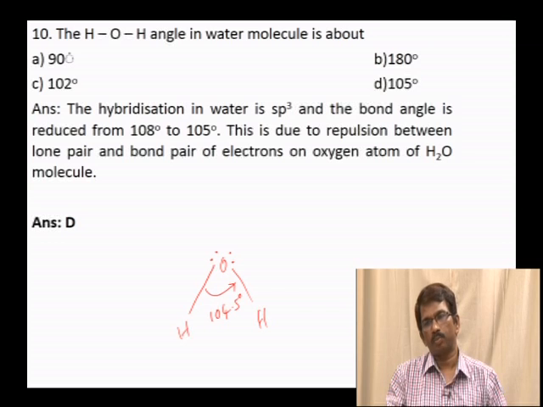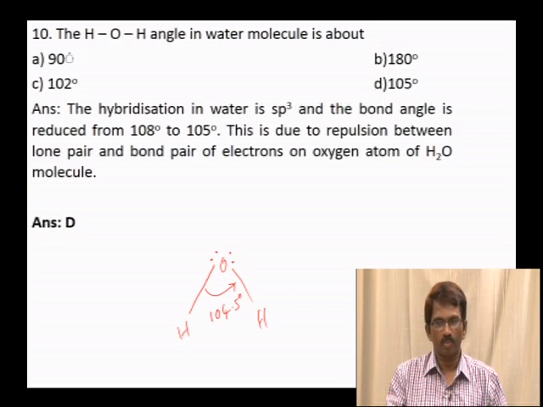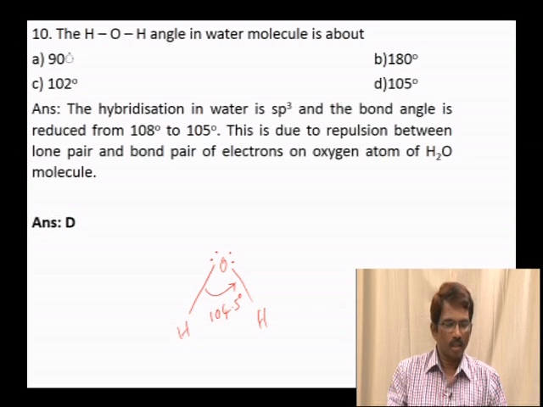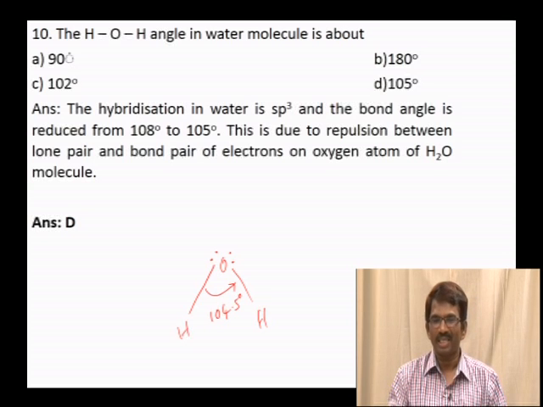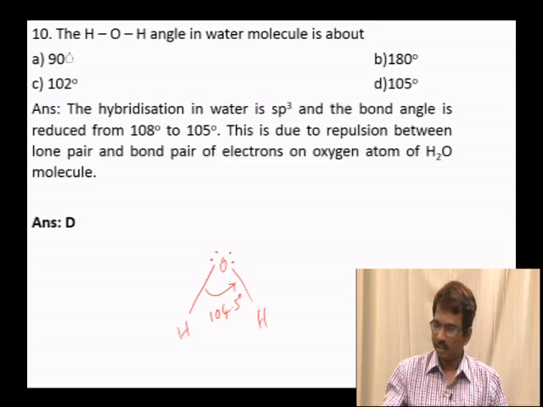Normally in case of sp3 hybridization, the bond angle expected is 109 degrees 28 minutes. But because of the presence of lone pairs of electrons on the oxygen atom, there will be a repulsion between lone pair and bond pair, and because of the repulsion, the bond angle is reduced from 109 degrees to 104.5, and hence the correct option becomes option D.